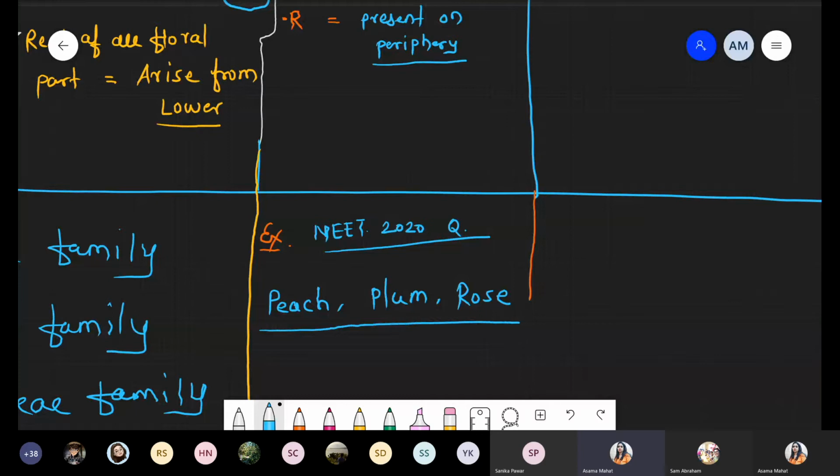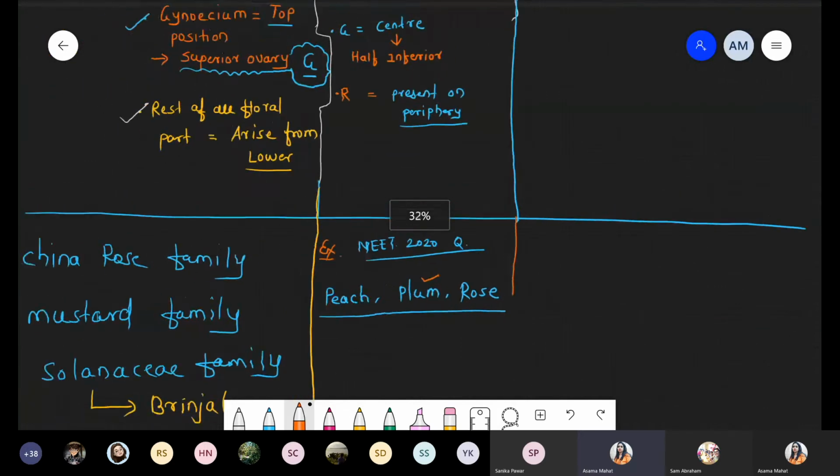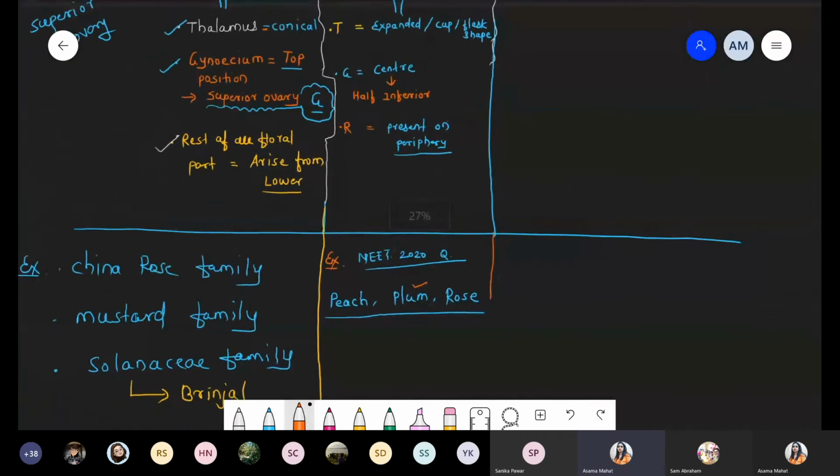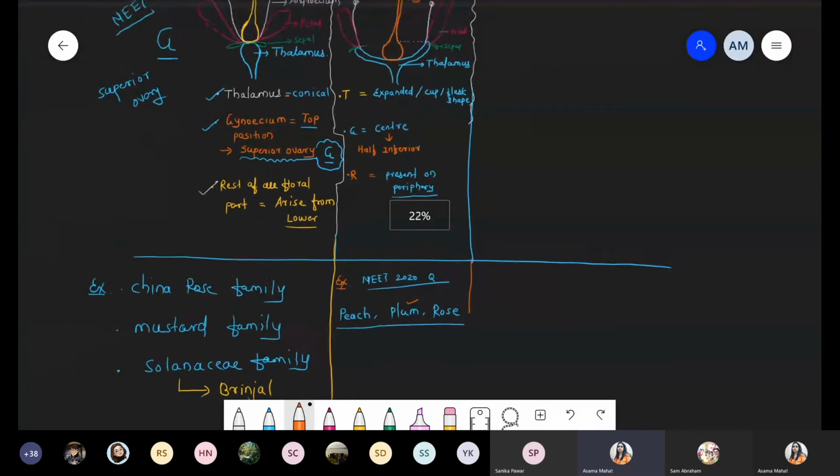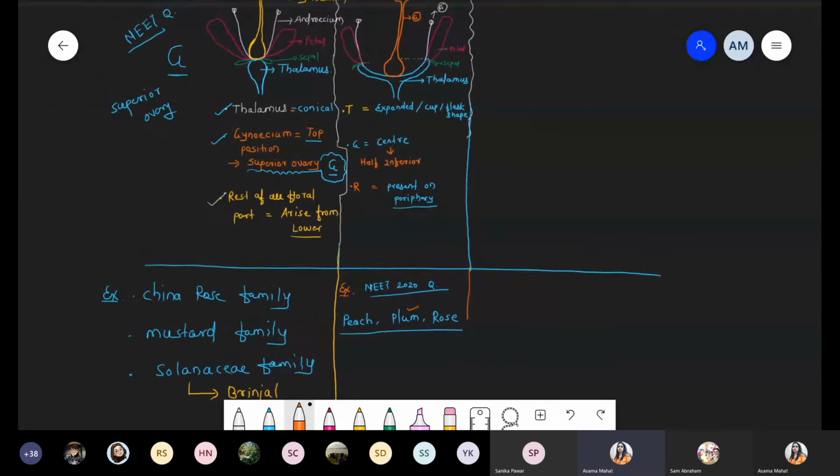So these are the three examples, and in the question they ask about pulp. If you see the previous paper, you can solve that. You just check. Just see the part we are talking about, that is the perigynous condition, where all that portion, the thalamus basically, is expanded, and now the ovary shows the half inferior condition, that is embedded half inside the thalamus, and the rest of the portion is present on the periphery, on the margin. Got this point?